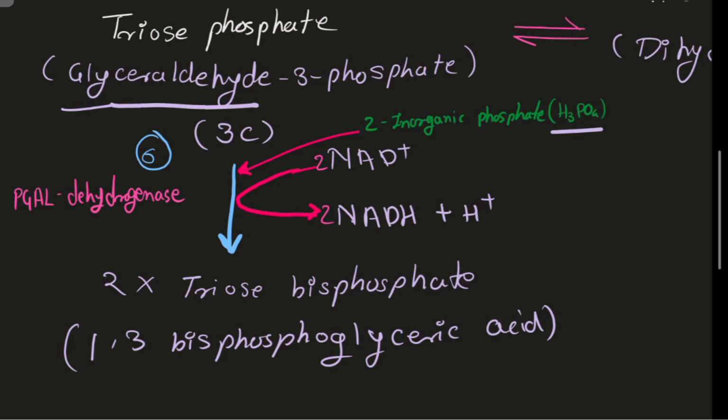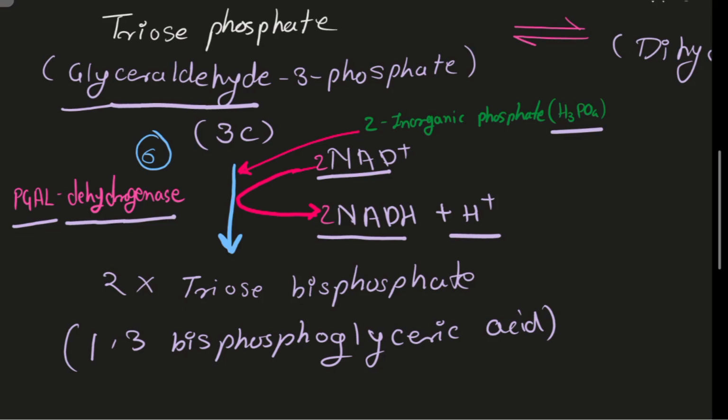Also, here 2 NAD plus are converted into 2 NADH plus H plus in the presence of PGAL dehydrogenase.